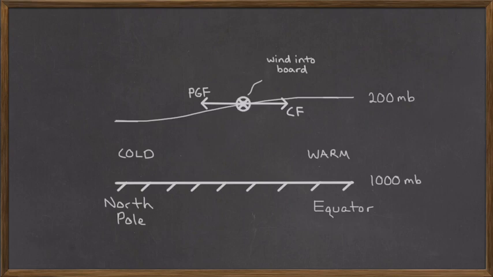Now keep in mind from before that the direction that we're looking into the board was the eastward direction. And so if we have a wind into the board, the eastward direction is blowing to the east, which means it's coming from the west, which means it's a westerly wind. So a westerly wind.